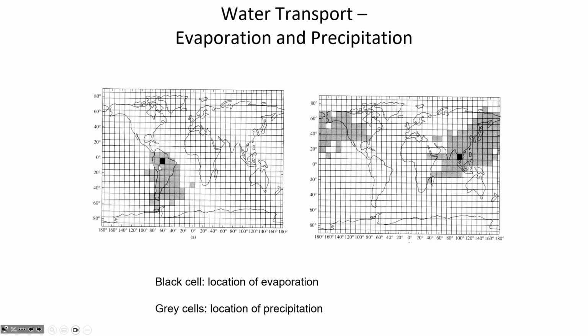There was a study done some years ago where they radio labeled water and then tracked where it was detected. Water that was released at this dark black cell here was detected pretty far away because of the wind movement of the moisture as it had evaporated, and they repeated the test in Asia and detected that water pretty far away too.